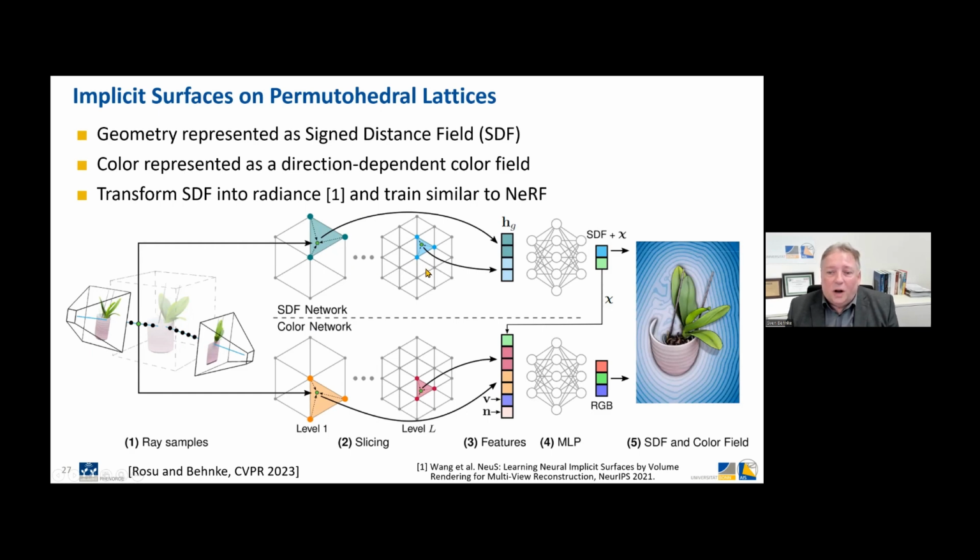So there are two parts of that network. One part is for the geometry, so it predicts a signed distance function, and it also predicts features that are used here, in addition to features that are stored in this part of the color network. And in addition, we have the viewing direction, and we have the surface normal also as input to this small neural network that then outputs an RGB color, so that we can render novel views.